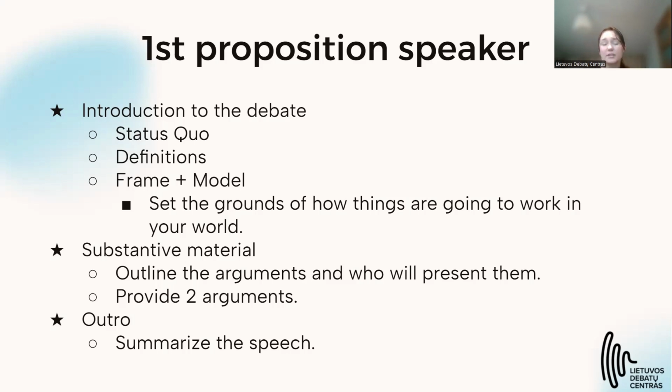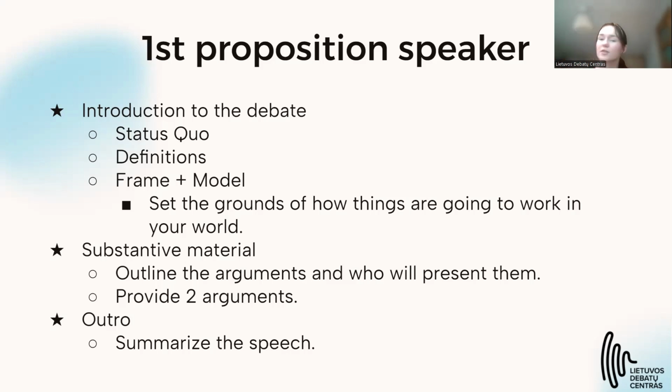Then, as a first proposition speaker, you have to move on to your substantive material. So what is it, and how does it look? Essentially, substantive material means the things that you bring to the debate that are exclusive to your side, or simply put, just arguments that you're going to present to the judge. Firstly, you outline all the arguments that your team will present, and you tell the judge, look, I'm going to present the first two arguments.